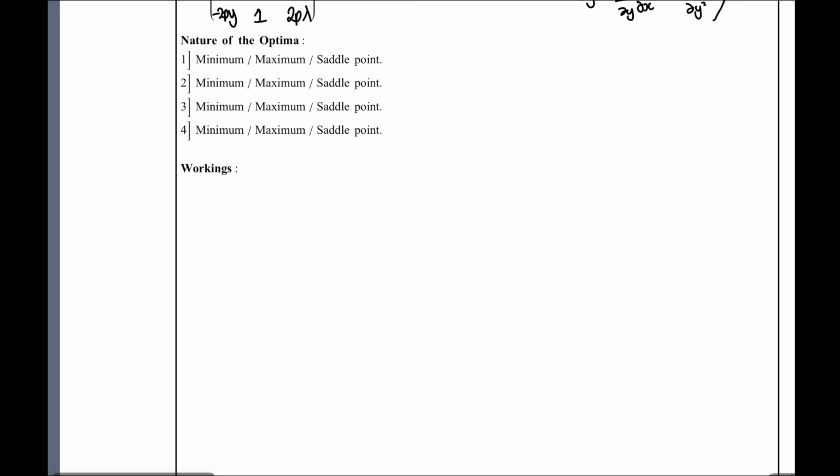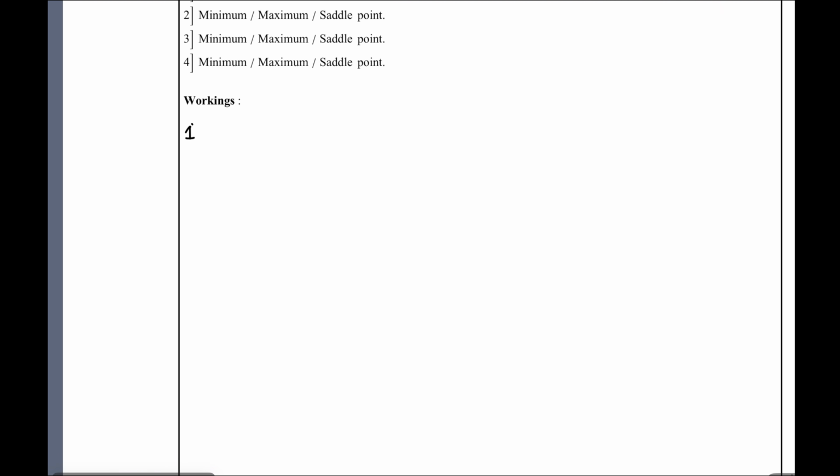If we now work out the nature of the optimum for our individual solutions, we begin with our first solution, where we had r over root 2, comma r over root 2p, comma minus 1 over 2 root p.